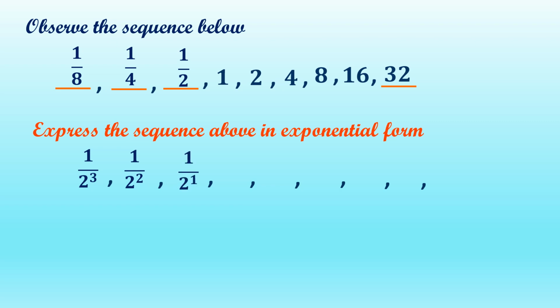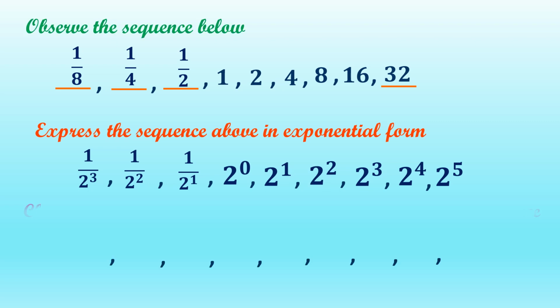And 1 would be 2 raised to the 0 power. You can see an explanation of this in another video wherein the zero exponent is discussed. Next, 2 is 2 raised to the first power, and 4 is 2 squared, 8 is 2 cubed, and 16 is 2 to the fourth power, and 32 is 2 to the fifth power.